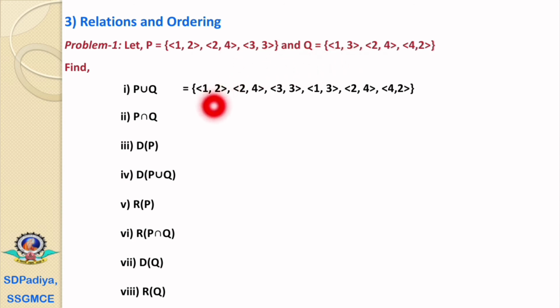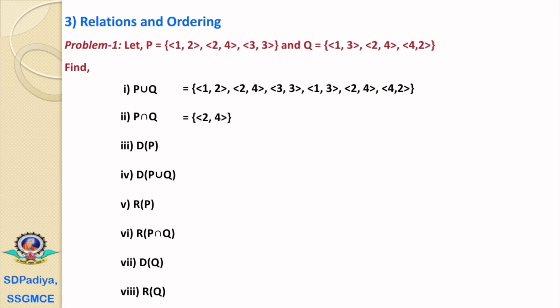Then we can include (1, 2), (2, 4) and (3, 3) of P, and (1, 3), (2, 4) and (4, 2) of Q. We can write it as it is, or we can simplify it by cancelling one ordered pair (2, 4) because it is repeated.